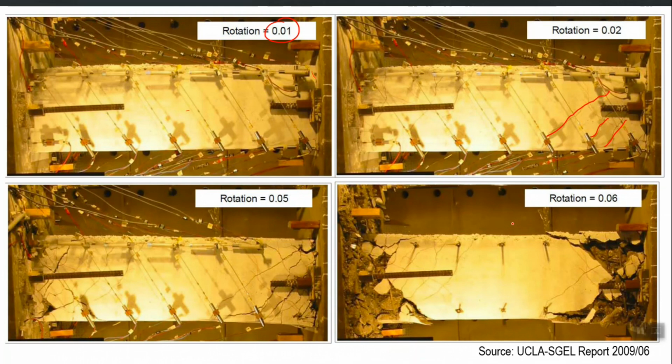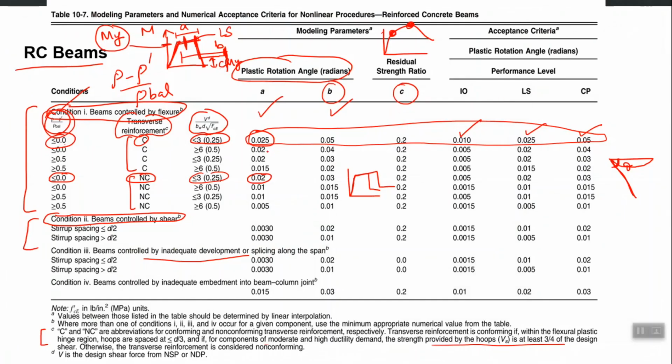So, just like you have an intuition about the material strain, that 0.003 or more is significant damage, here you can make an intuition about the plastic rotation, right. So, 0.01 is almost intact, 0.02 is some minor cracking, right. So, now go back and see, 0.01 is this number, let us say, and check IO, LS and CP. 0.01 is IO, which means no cracking, and mostly it is even less than 0.01.